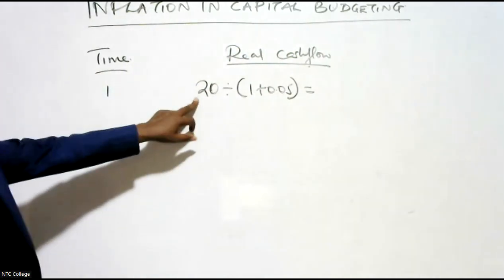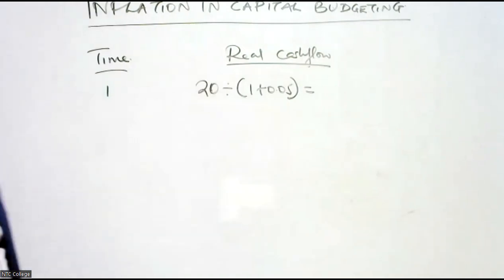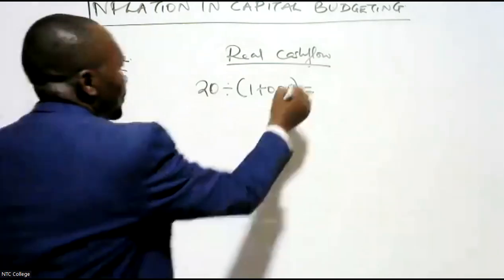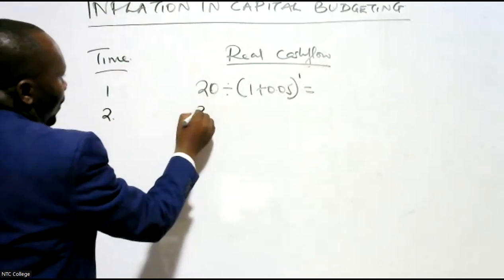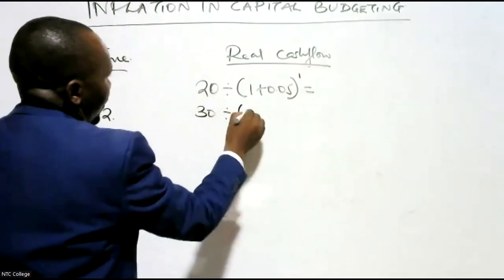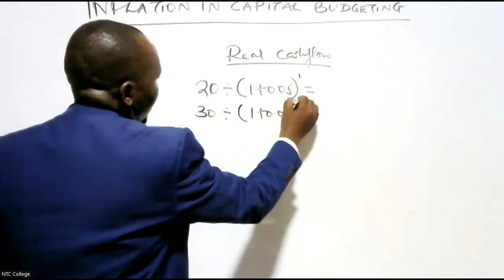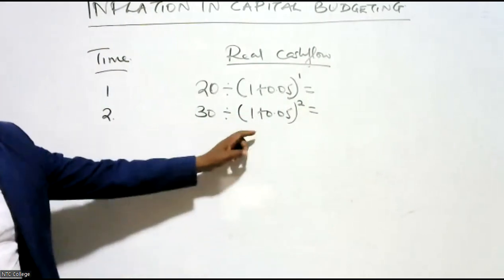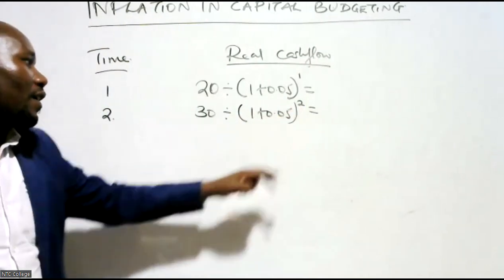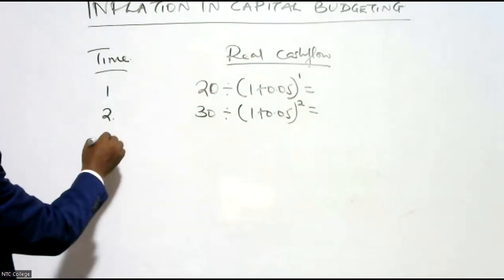Because these are nominal, we are converting them to real. Then we have 30 divided by 1.05 squared because of the years. We are putting that because this cash flow will be received in the next 2 years.